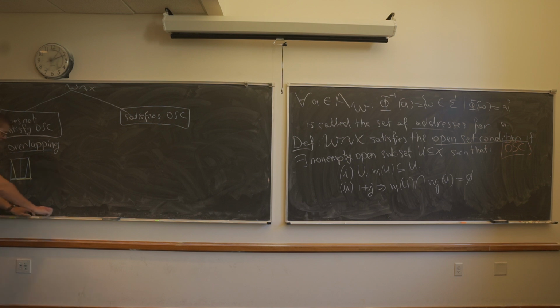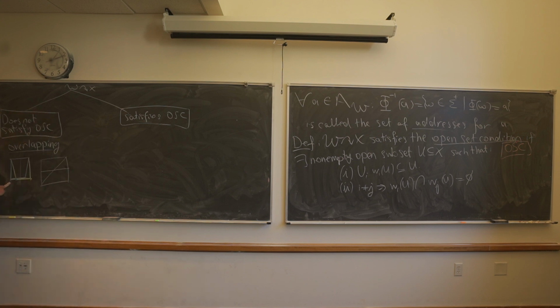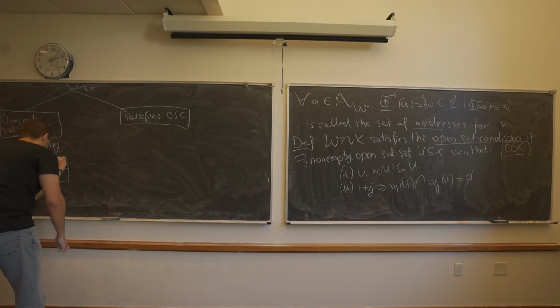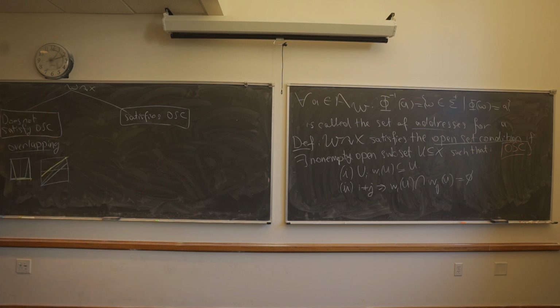Now, if I wanted to draw the graphs of these, we can do that as well. So the first one is something like this, and then the second one is something like this. Right, so here is the intersection. So there's an overlap here, which corresponds to this piece.